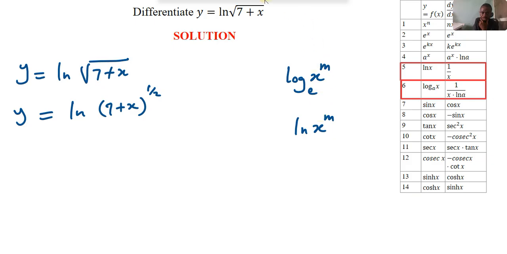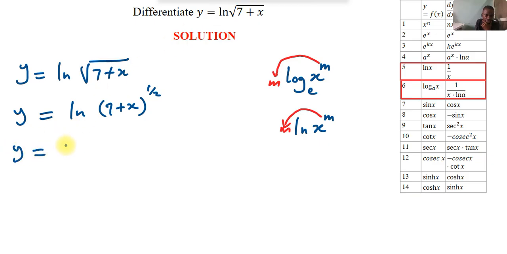So I can bring this power down. I will do the same thing here. So you see the same thing.